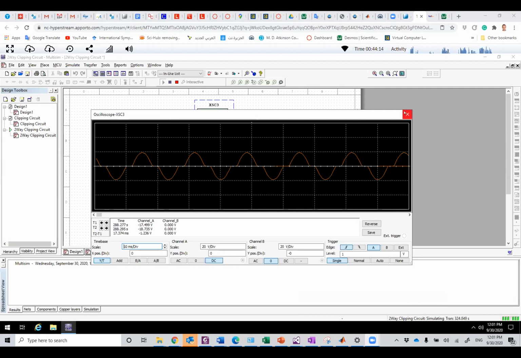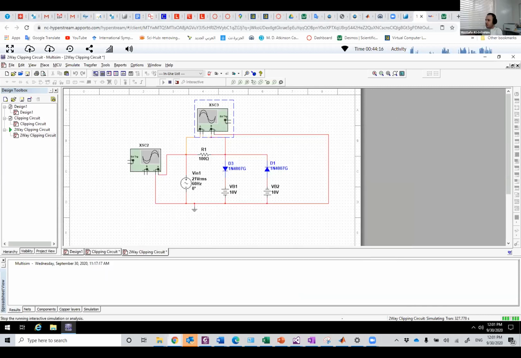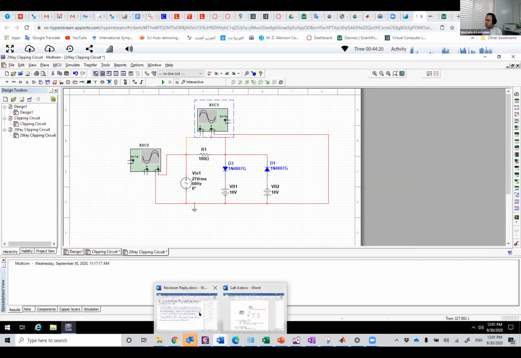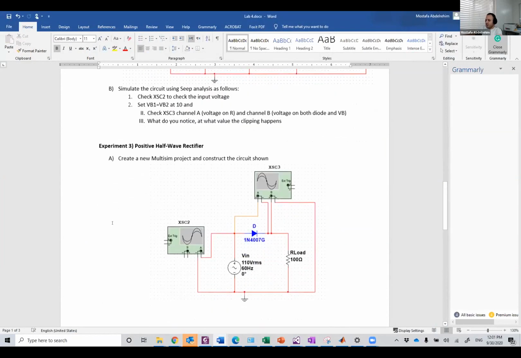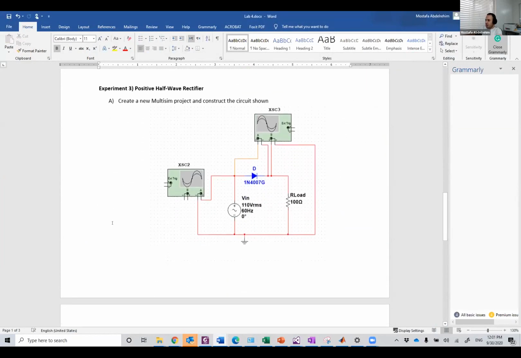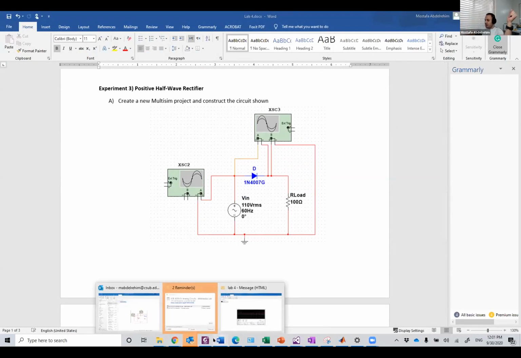Okay, so let's go now to the next experiment, which is the positive half wave rectifier. Guys, copy and paste from, create a new project again.